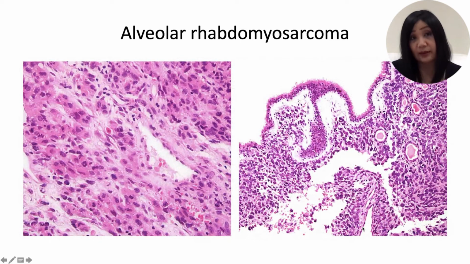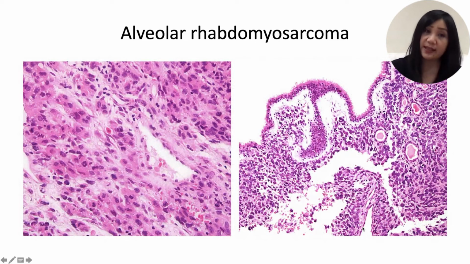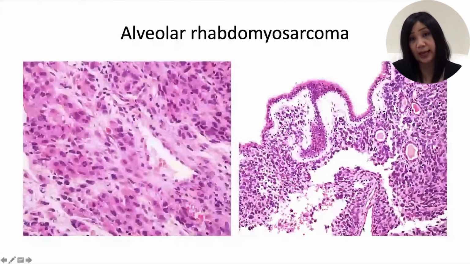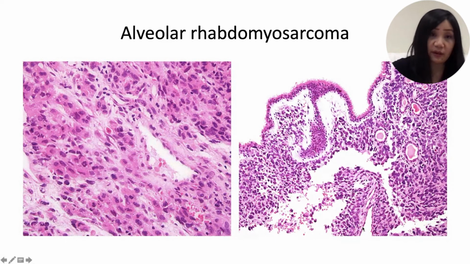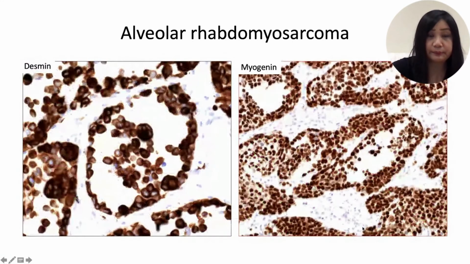Sometimes post-treatment, the cells can mature and be rhabdomyoblastic, but it is extremely rare to see these in the primary treatment-naive setting. This tumour on the right is a nasal cavity tumour and shows extensive replacement of the subepithelium by alveolar rhabdo. And again, there is no specific architecture there, so this will be very reliant on immuno.